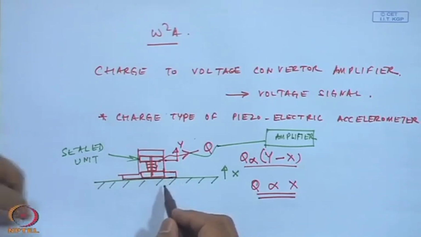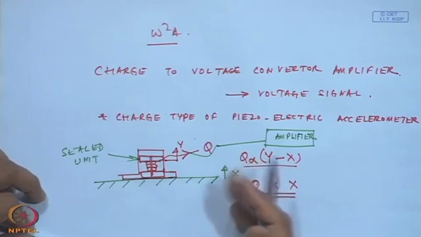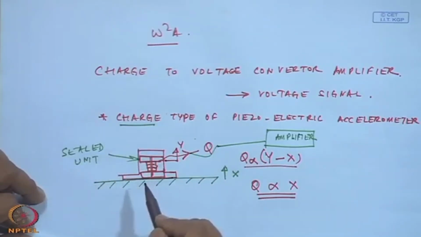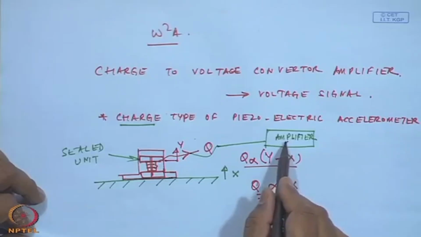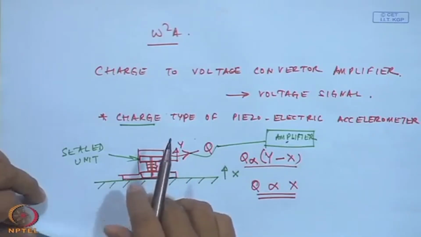The advantage of such an accelerometer is that it can be subjected to very high temperatures, the charge type of accelerometers. But the disadvantage is that you have to carry a charge to voltage preamplifier with this accelerometer.